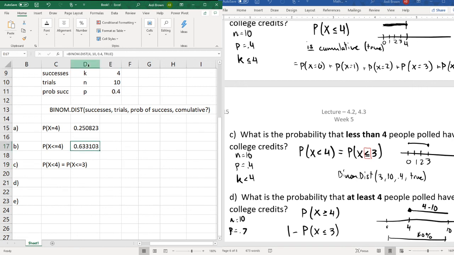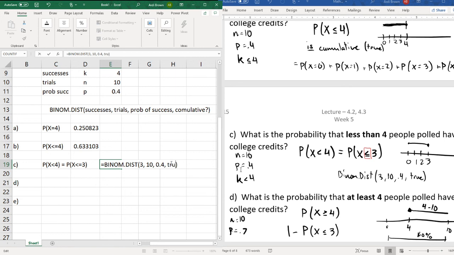Again, I'm just going to copy this right here. And again, in this case now, the only difference is our upper bound number of successes is just 3. We still have 10 trials. We still have a 40% probability of a success. In this case, since we're looking for, oh no, this was cumulative.